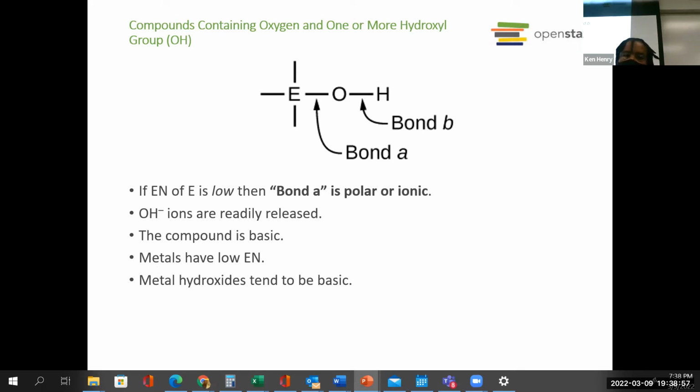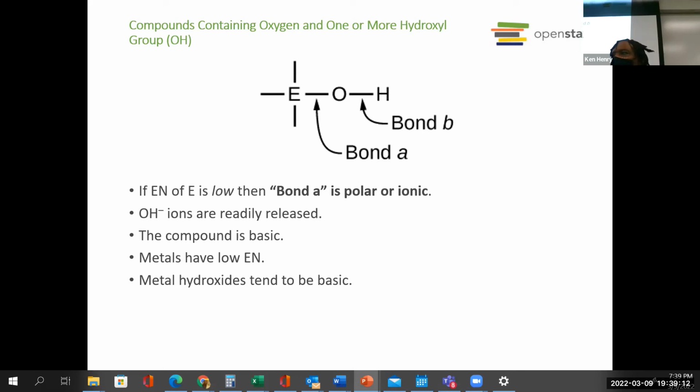If the metal has a low electronegativity, it's going to be considered basic. The metal hydroxide tends to be more basic.